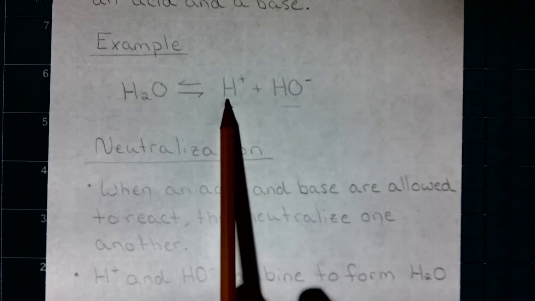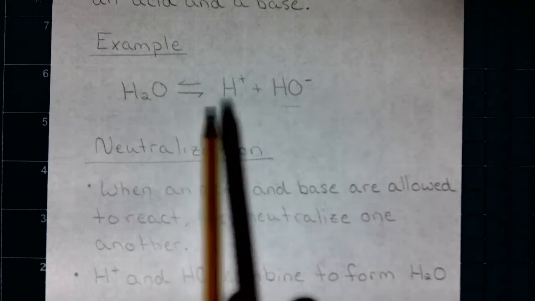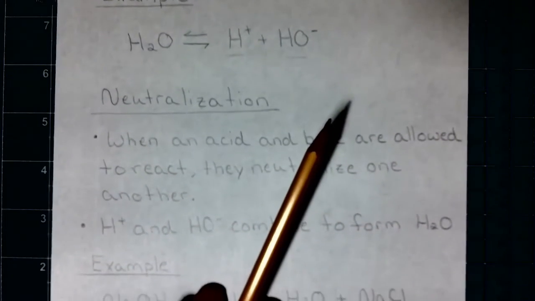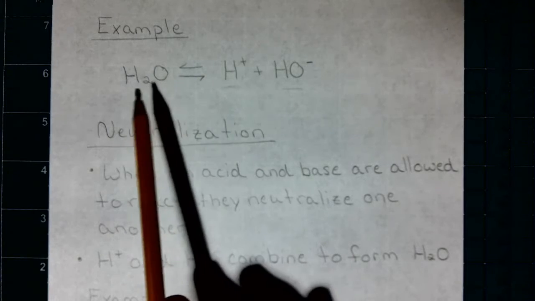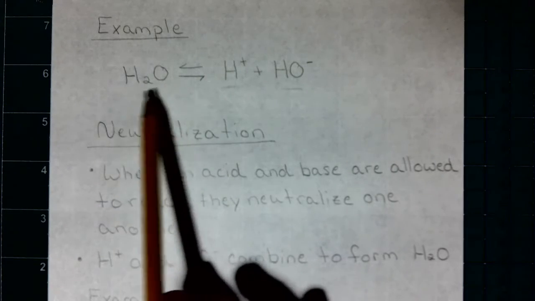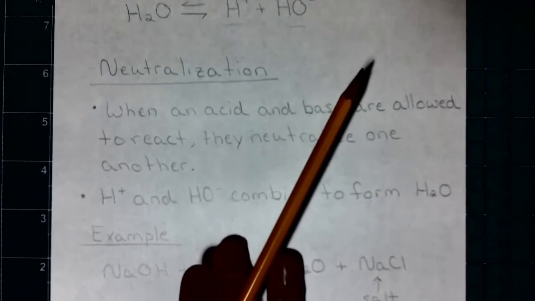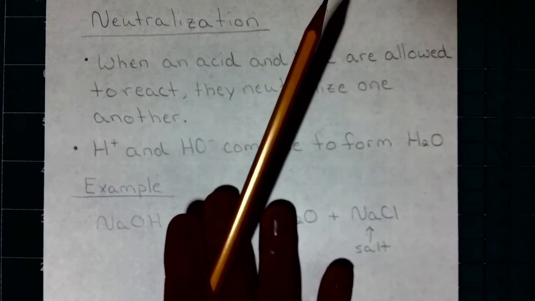So because it's both producing a proton and a hydroxide, it can act as both an acid and a base. And you'll see that when we get into more sophisticated definitions for acids and bases, it remains that water is amphiprotic. It will always act as both an acid and a base.